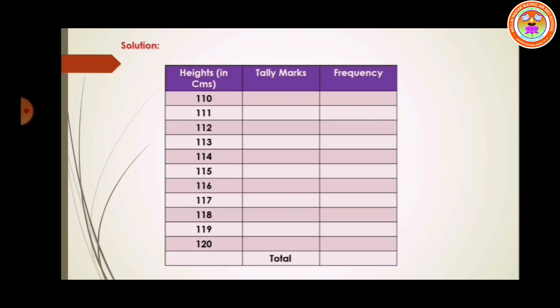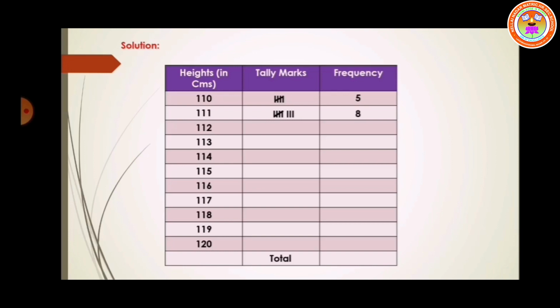So, draw 4 vertical lines, then cross the 5th line over the drawn 4 vertical lines. Now the frequency is 5. For 111 centimeter, the tally marks 8. Frequency 8.